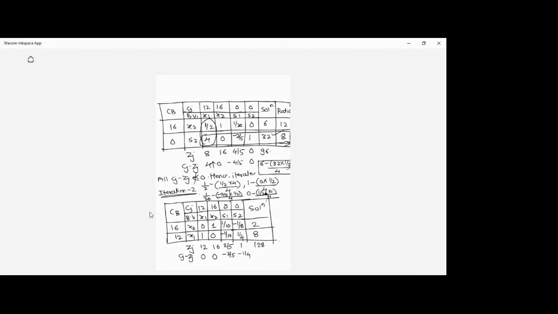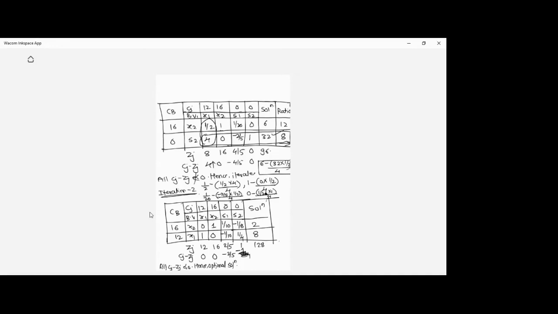Sorry, 0 minus 1 will be minus 1. So it will be minus 1. Here, if you see, all Cj minus Zj values are less than or equal to 0. Hence, optimal solution.